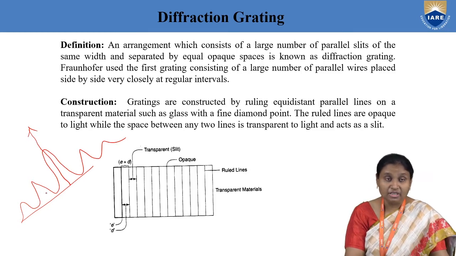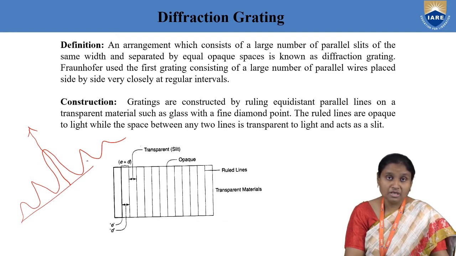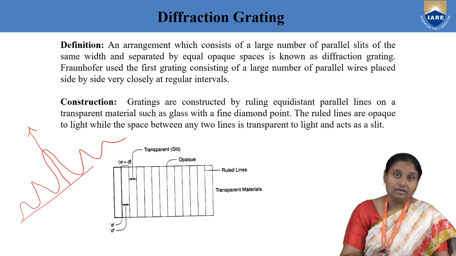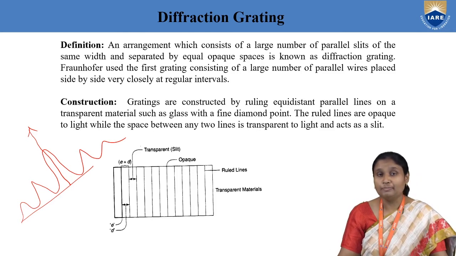Then we have minima on either side of the principal maxima, and between two minima we have secondary maxima. So all bright fringes are not of the same intensity. Maximum intensity is at the center, and for the other bright fringes, the intensity keeps on decreasing as the order increases. This is the pattern we recorded in case of the single slit.